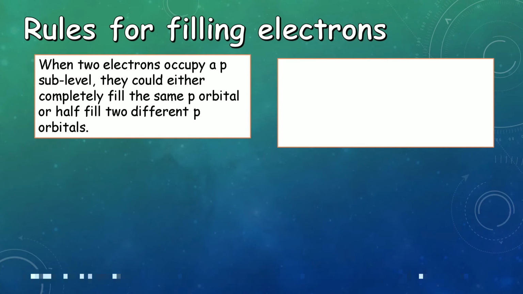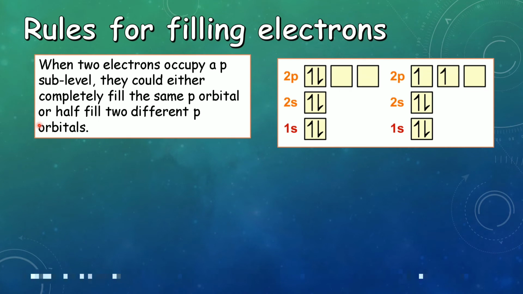Now, meron po tayong rule sa pag-fill ng electrons. Again, there is a rule in filling the electrons, meaning we need to fill the arrow up in each orbital before filling down. Okay po, dito sa rule na to, when 2 electrons occupy a p sublevel, they could either completely fill the same p orbital or half fill the p orbitals.